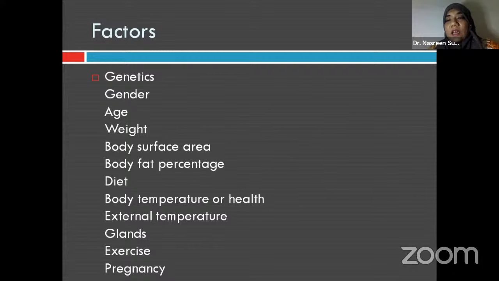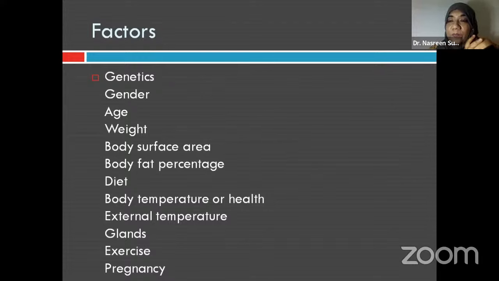More body surface area, more BMR. Body fat percentage. Less fat, more BMR. More fat, less BMR. Okay? A person is fatty, then his BMR is less. A person is very thin, BMR is high. Inversely proportional. Diet. It depends on your diet.